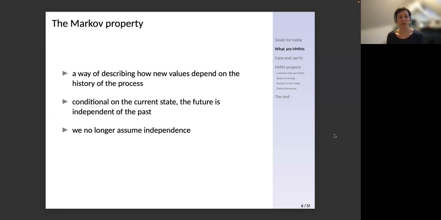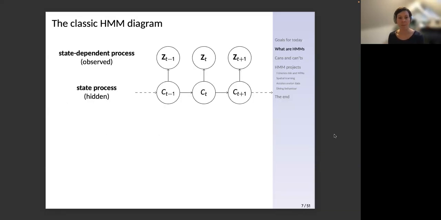So basically, we can describe this as: conditional on the current state, the future is independent of the past. So we only have this one time step dependence going forward. We no longer assume independence between subsequent events, but we'd only assume a one-step dependence in the most simple HMM, the standard HMM rather.